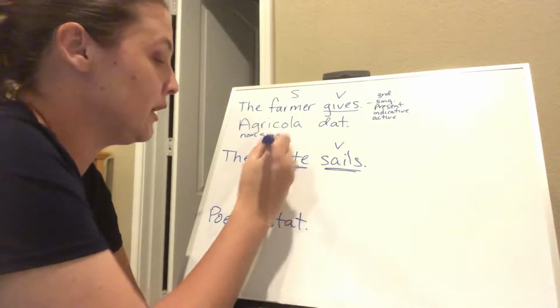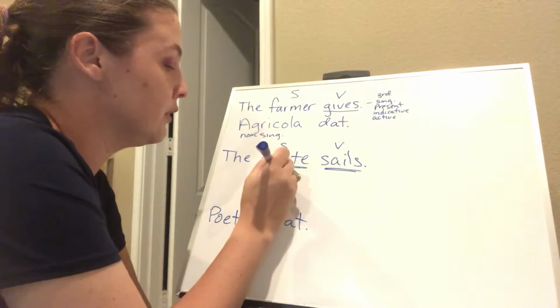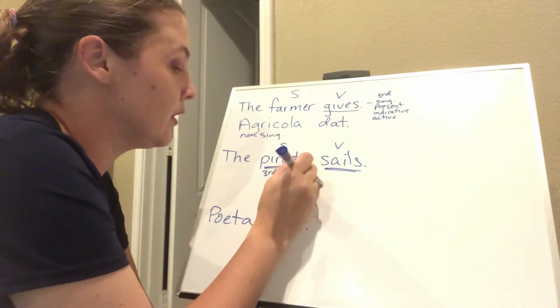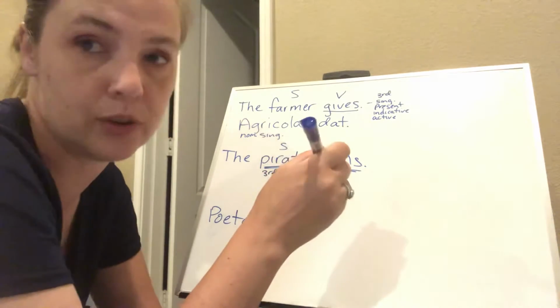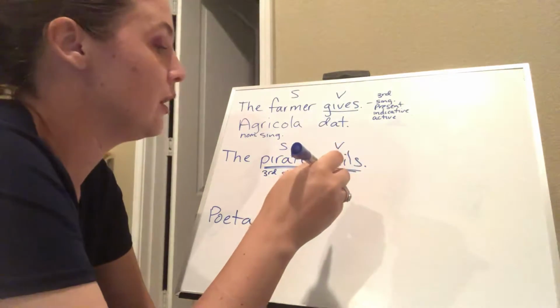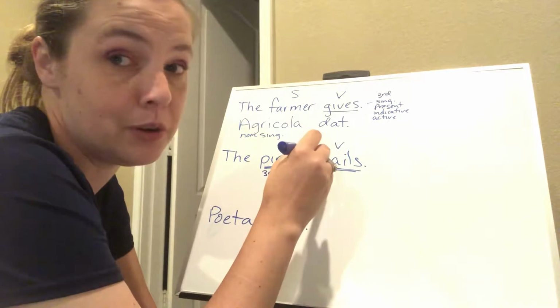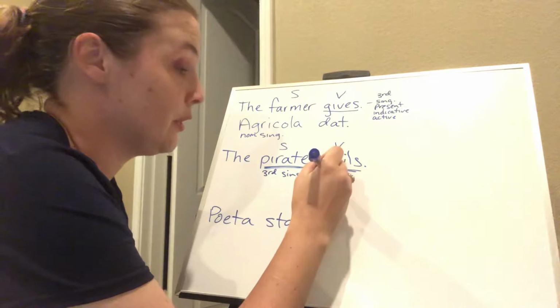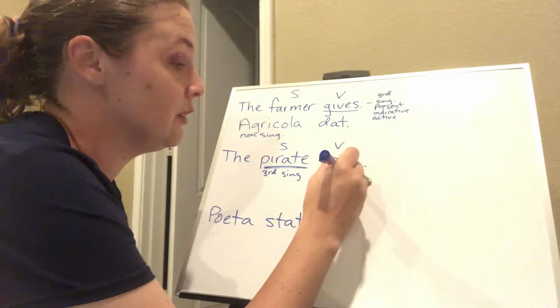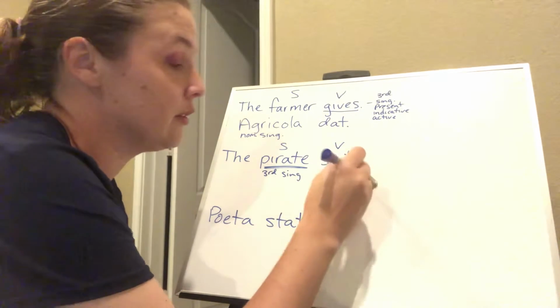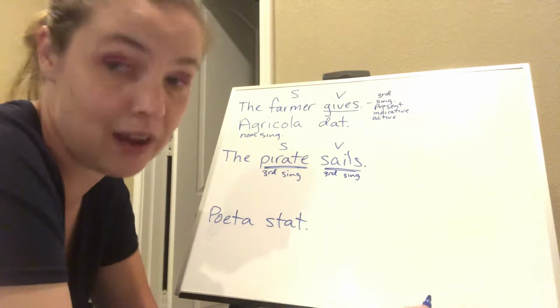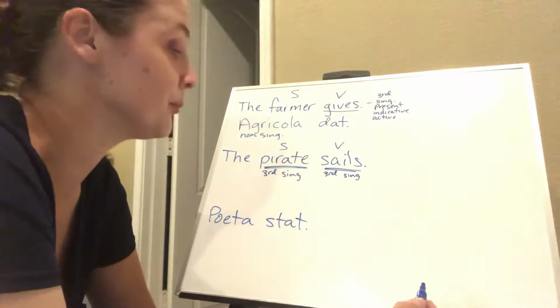If our subject is third person and it's singular, it's a he, she, or it, what's this guy going to be? He's got to match. So it's going to be third person singular. It's got to line up.